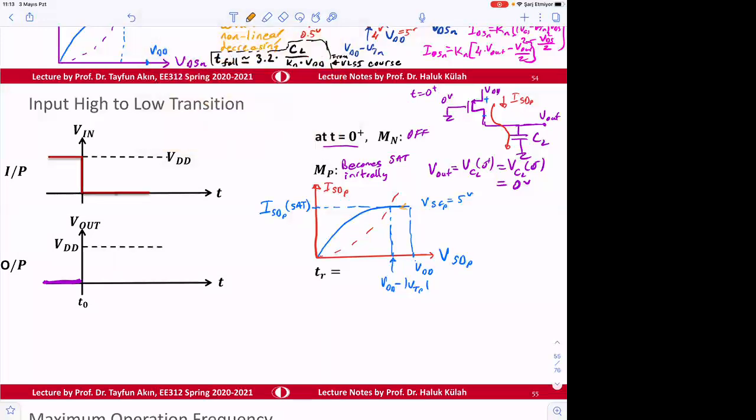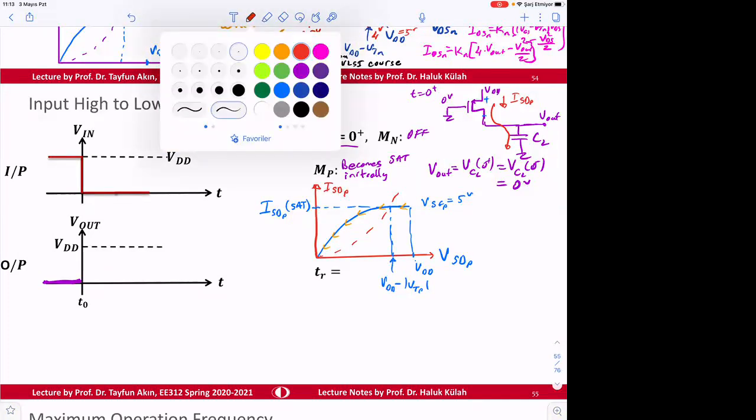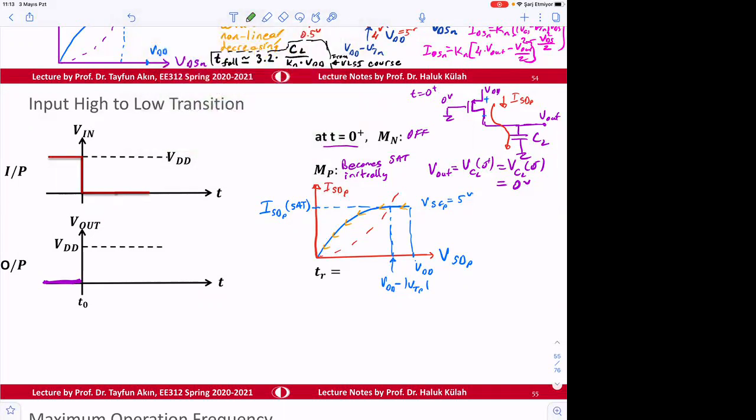This will be discharging. So the discharging current will be nonlinear, and we can look at 90% to 10% for V source to drain of P. Of course, Vout is going to be equal to VDD minus V source to drain of P. Therefore, Vout will charge.